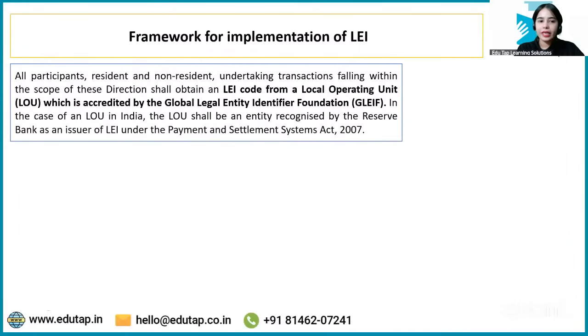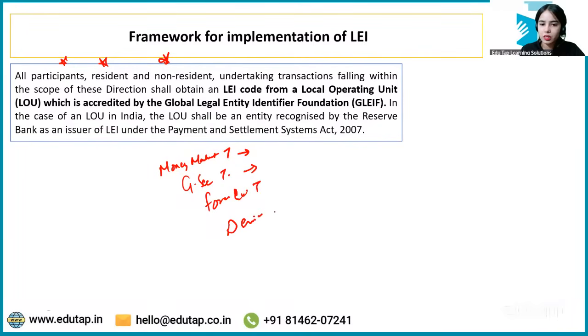Framework for implementation of LEI. So all participants, resident and non-resident, we have discussed now. Money market transactions, interbank lending that is happening, government securities transactions, foreign exchange transactions, and derivatives, that is, the forward contracts, the future contracts, the foreign currency forward contracts, the interest rate forward contracts, the different contracts that are happening.